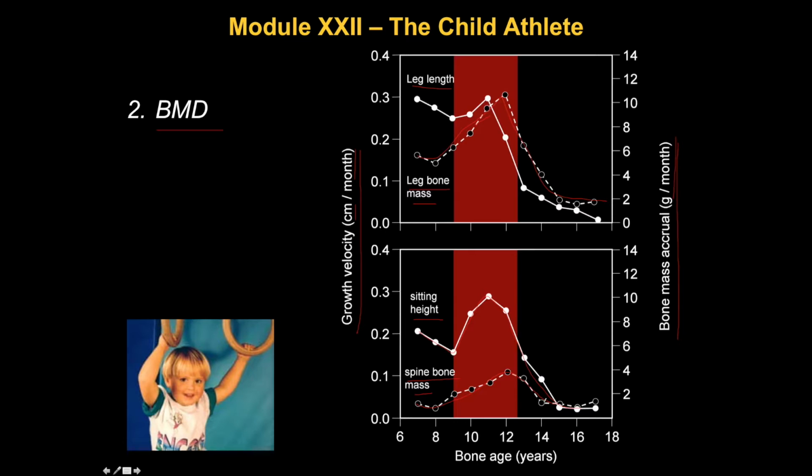So this is an important concept to understand, that bone mineral density lags a little bit behind the actual bone length achievement during the developmental years here. And developmental years on this graph, I didn't mention, was anywhere from 6 to 18 years of age on the x-axis here.